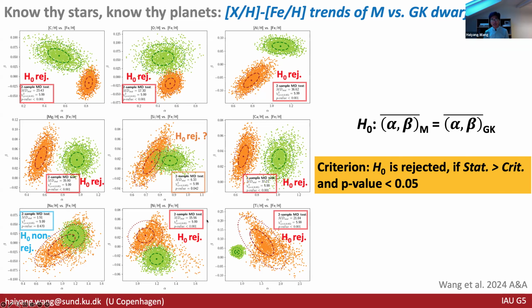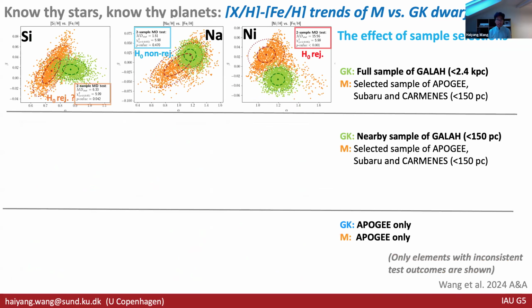So upon this result, one of the key concerns of this test is the sample selection. Even though we have gone through as careful as possible to select the data set that is most relevant, you could still choose different samples for your test purpose.